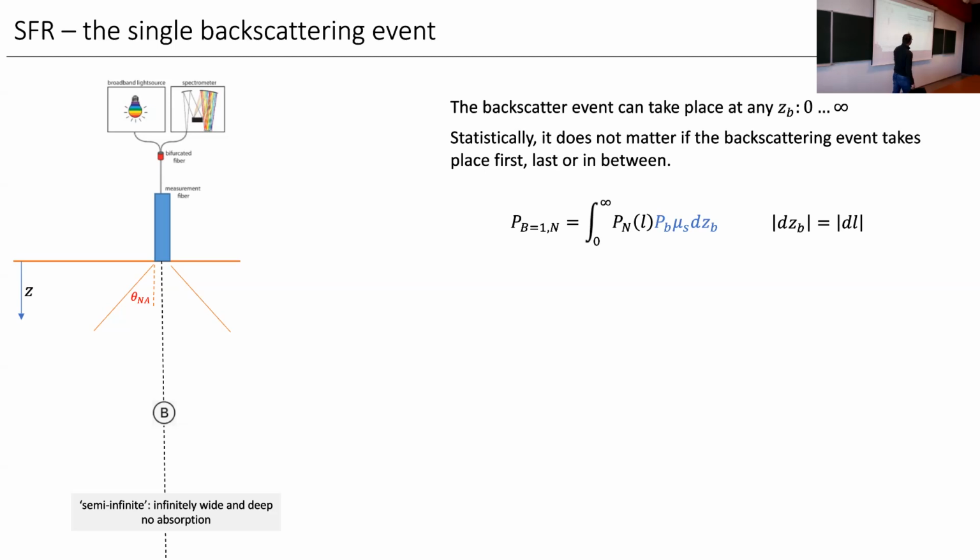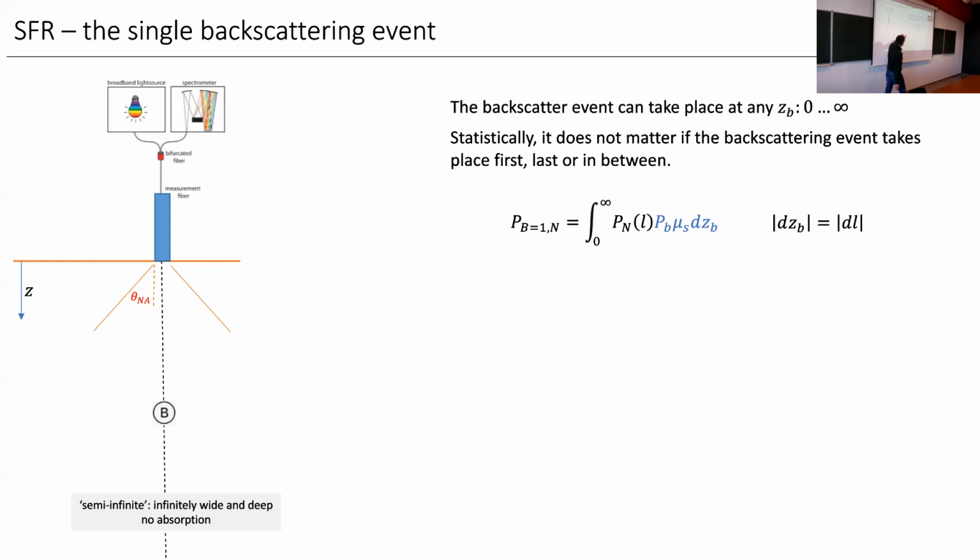Now we also have to include the backscatter event. That backscatter event can take place anywhere between 0, right at the fiber, and somewhere very deep in infinity. So let's take that into account.